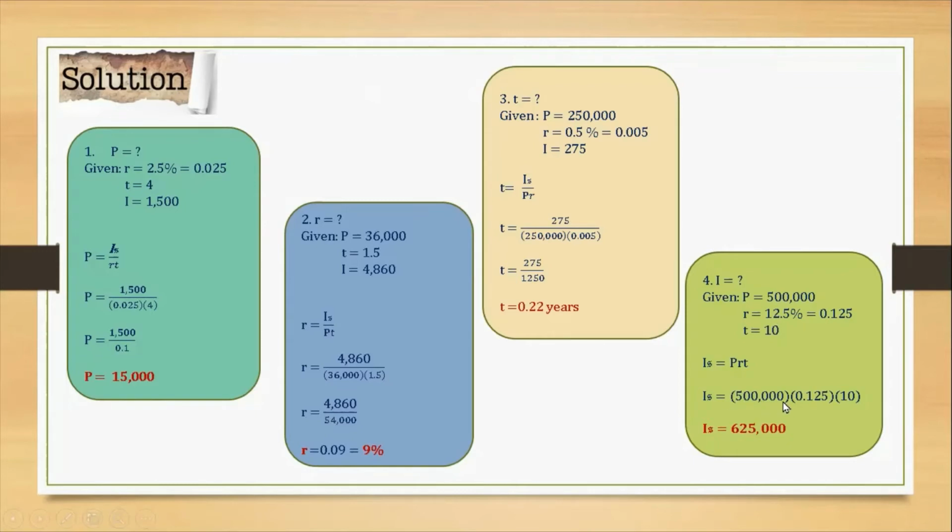P, you have 500,000 times 0.125 times 10. And you can use your calculator to solve for the answer, and you will get 625,000. So the interest is 625,000. And that's how we solve a certain problem or a certain situation by initiating the exact formula for that.